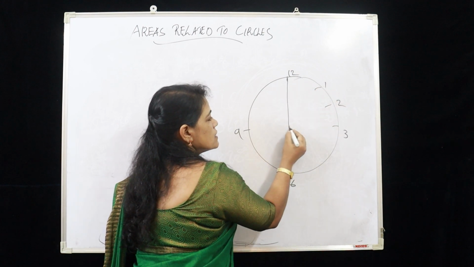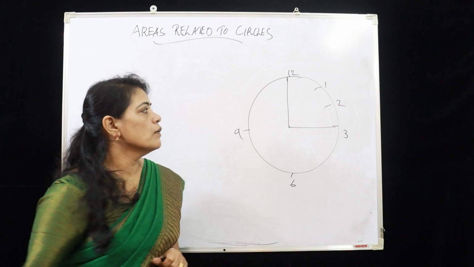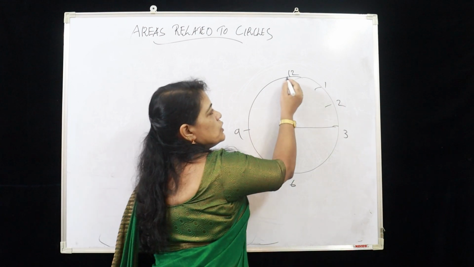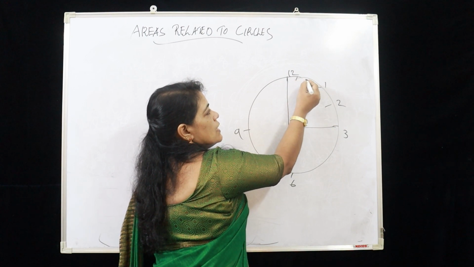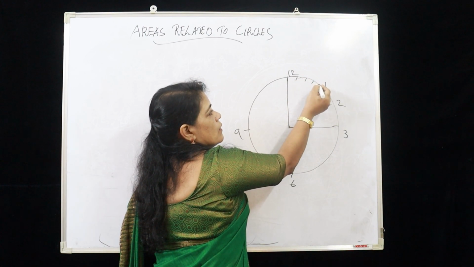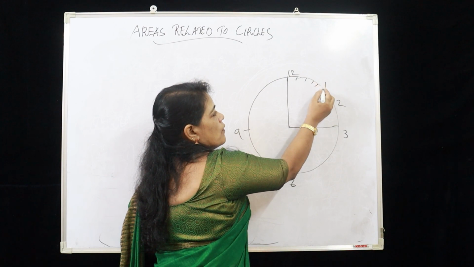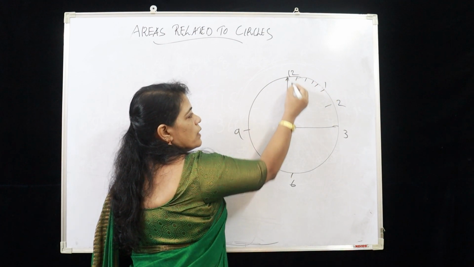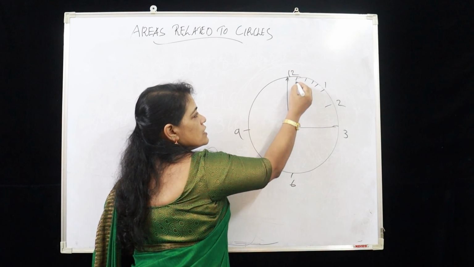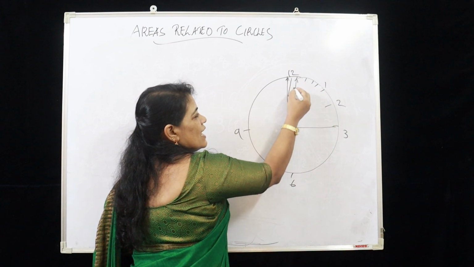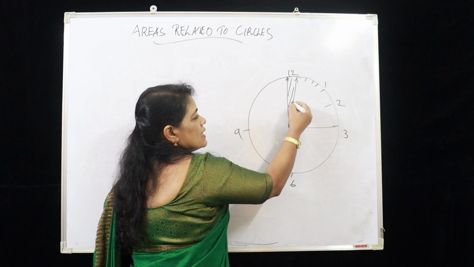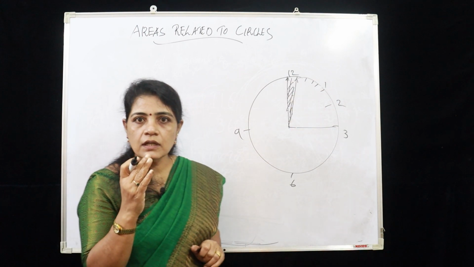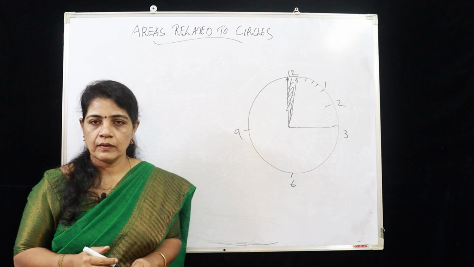We need only these markings. The minute hand moves from this 12 to this first part. So, what is the angle described by the minute hand after 1 minute?